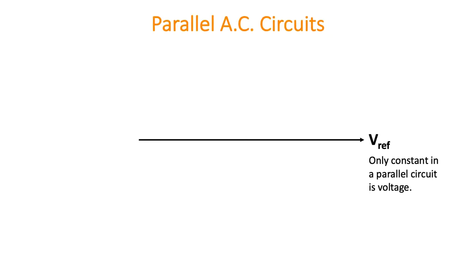So let's quickly go through that. This time voltage is our reference, of course, it being the only constant in a parallel circuit. We put our resistor current on the phasor diagram in parallel with the reference because it has a phase angle of 0.